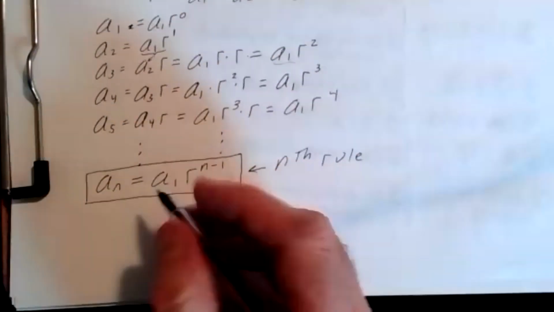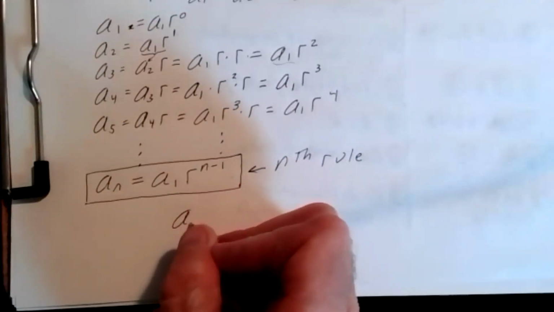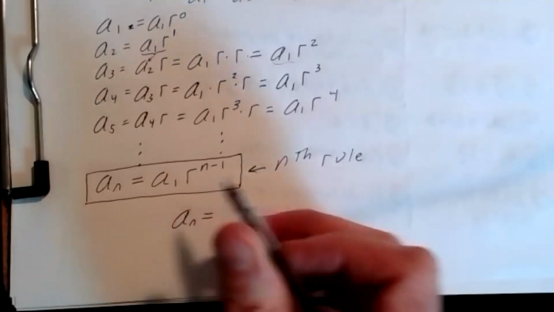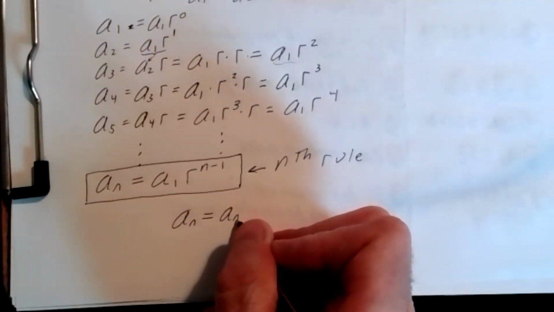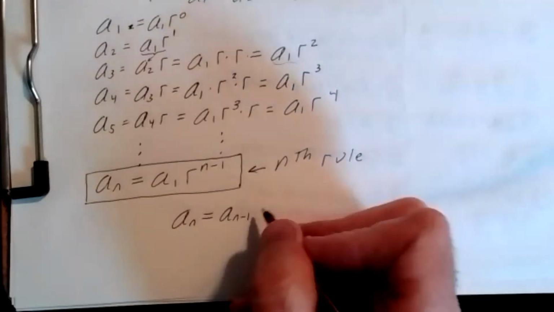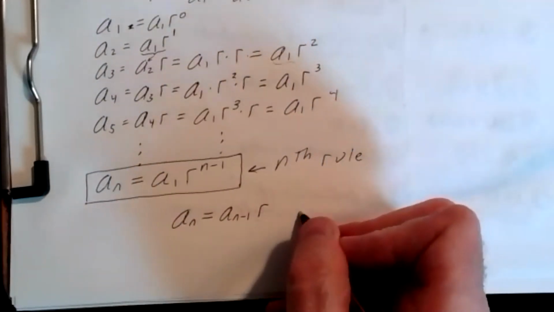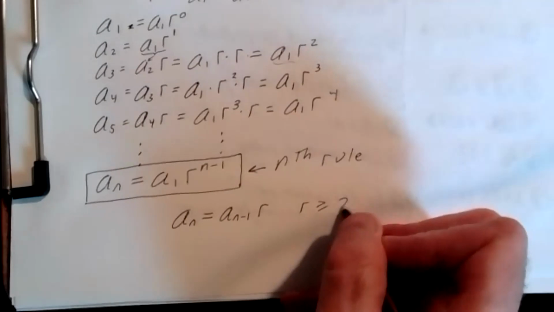A recursive definition for a geometric sequence is to say that your nth term of your geometric sequence is always the previous term, denoted as the n minus 1th term, times your common ratio. And this is valid for n greater than or equal to 2.